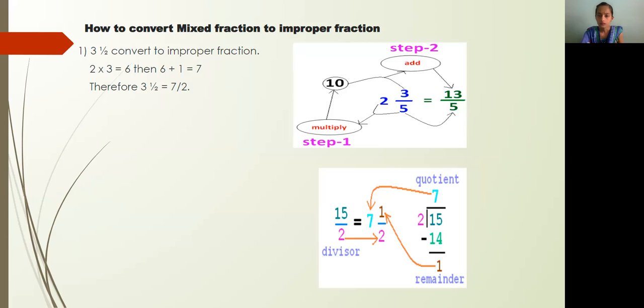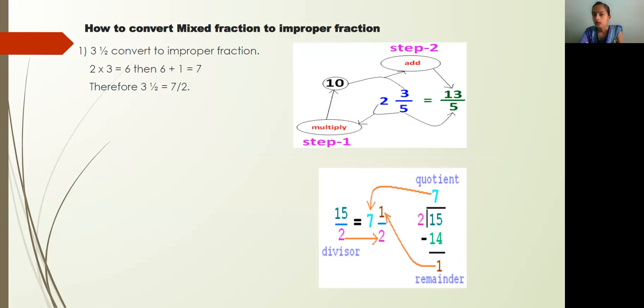Okay. See, here is another example. 2 and 3 by 5. Here we have to multiply 2 into 5. Then we get 10. Then add the numerator to the product.